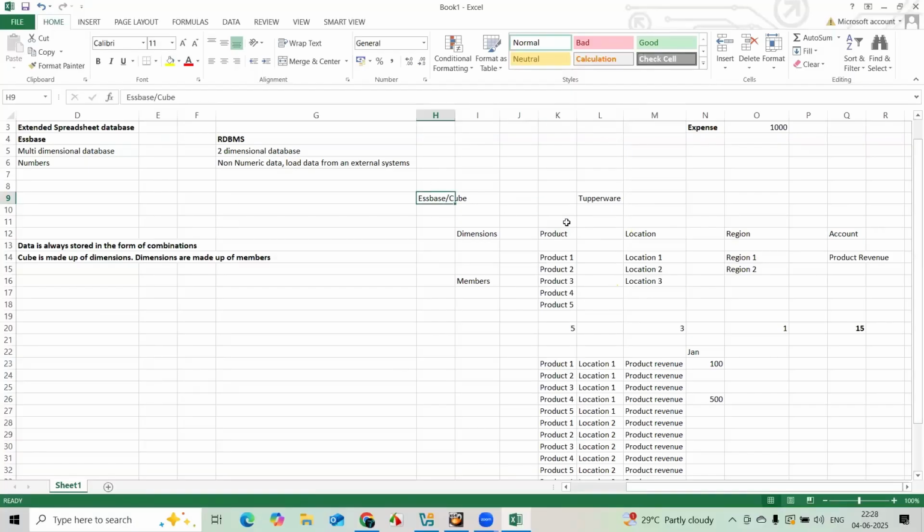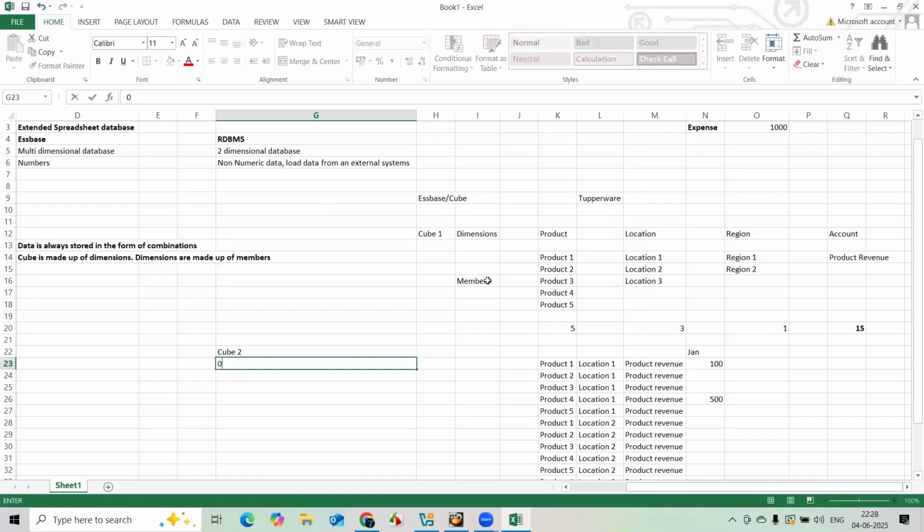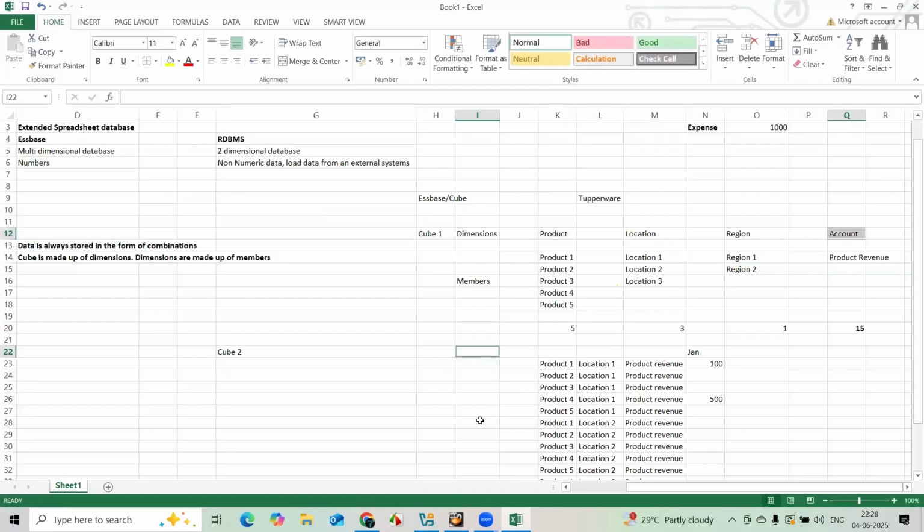For example, this is cube 1, and in cube 2, I want the same account dimension to be available. What I can do is enable this dimension here.